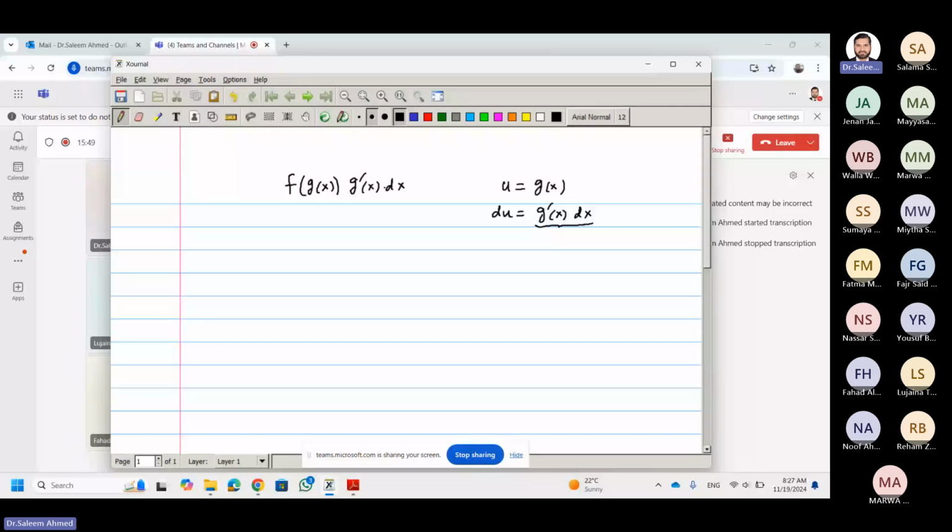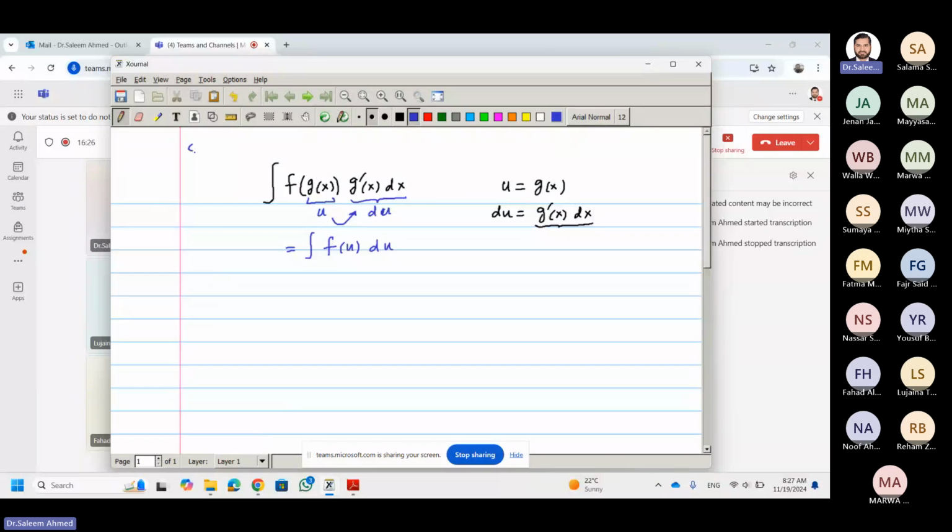If this whole thing is given in the integral, then we can easily replace u as g(x), and the derivative becomes du. So your function will not have any x in it, and the whole integration will be converted to u from x. So we look for a part of a function, it may not be a complete function, whose derivative is given with dx.